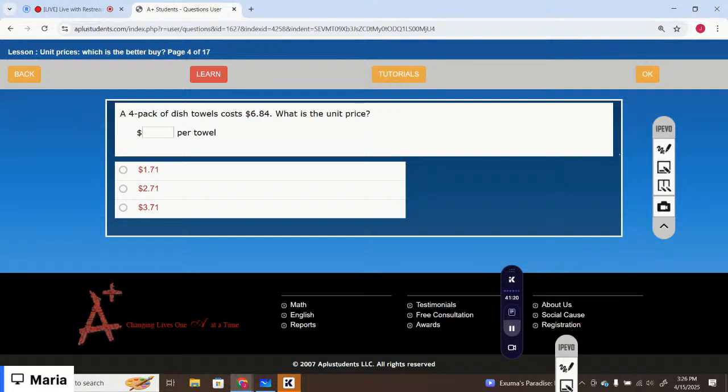That is $1.71. Option number 1 is the correct option. You need to divide 6.84 by 4. That is $1.71.